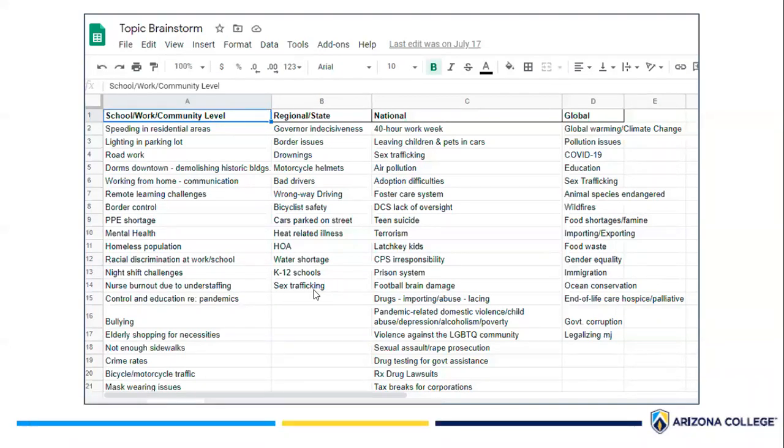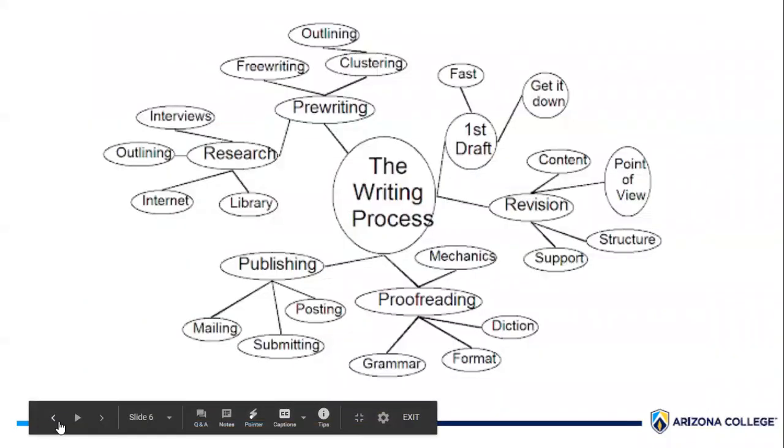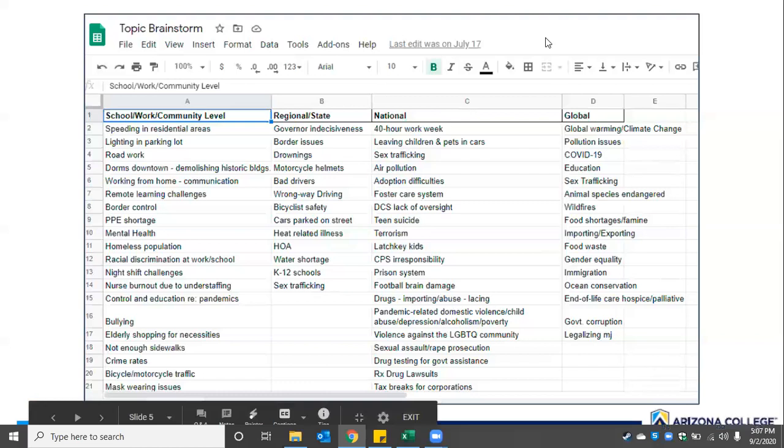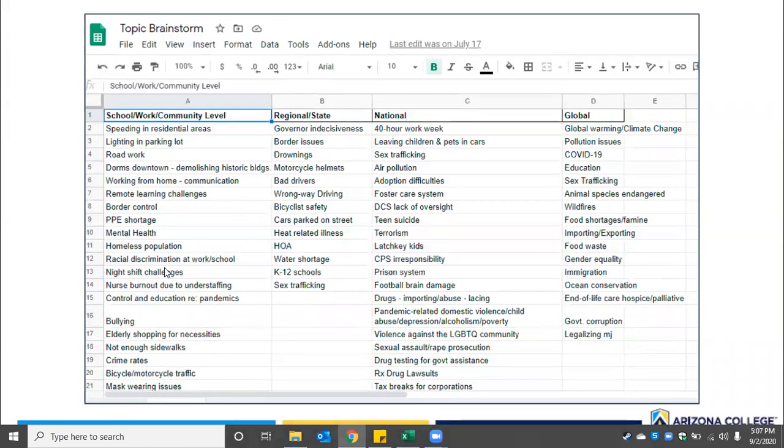We divided them up into the community level, or like your school, your job, the very local, closest levels to you, and then the regional state level.